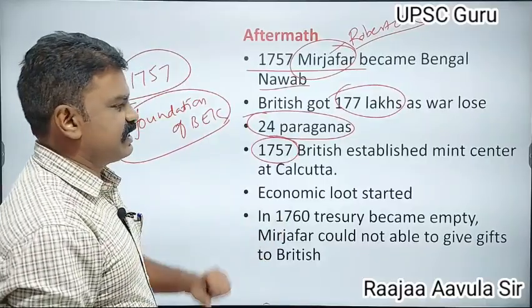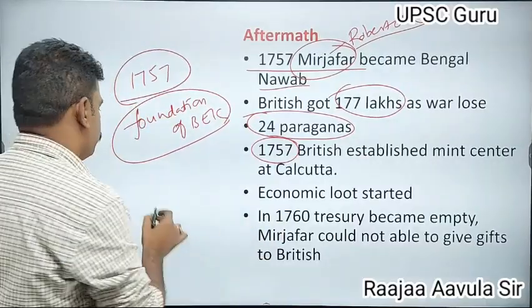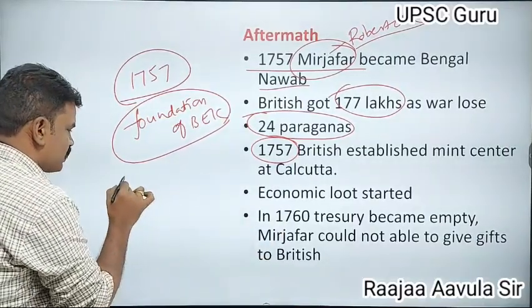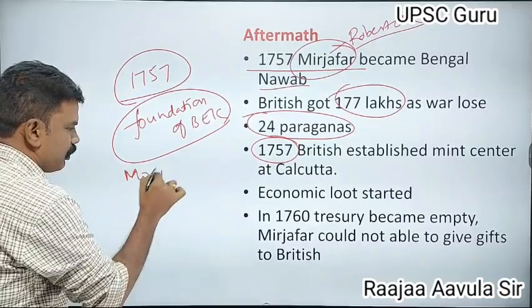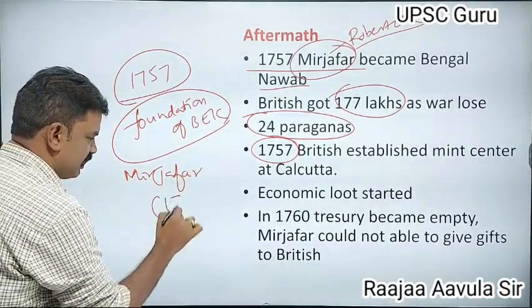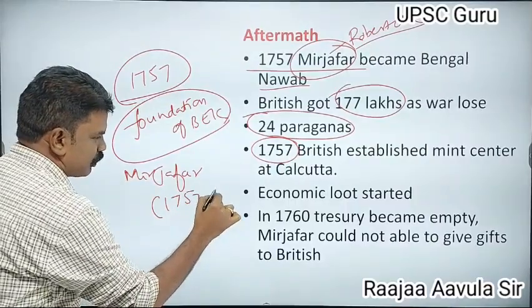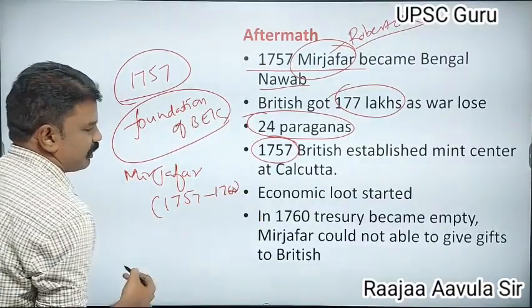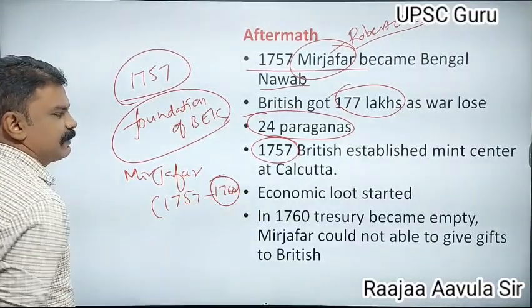In 1760, Mir Jafar, who was the Bengal Nawab from 1757 to 1760, was in trouble.